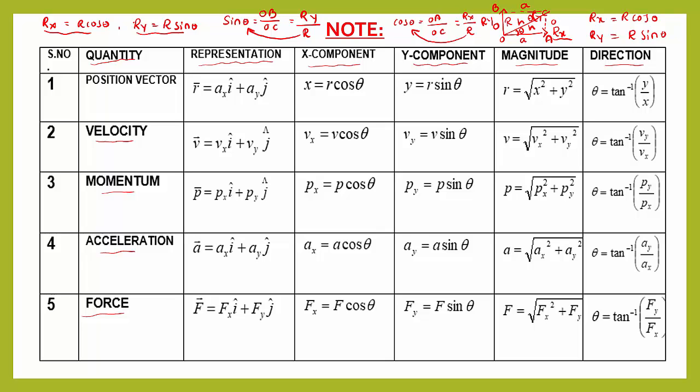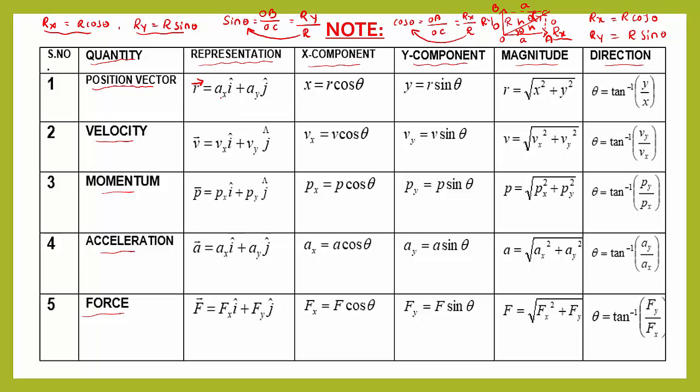Now the same equations we are going to apply for some physical quantities. These are some examples. You can observe the first point. The first quantity I am going to consider is the position vector. The position vector is denoted by vector r. Vector r equal to, I am going to write its components as ax and ay.